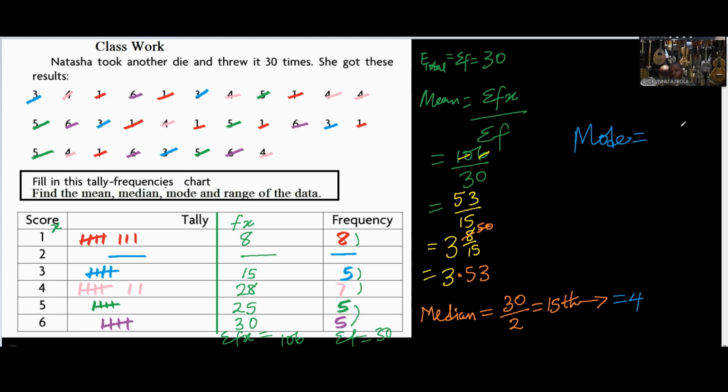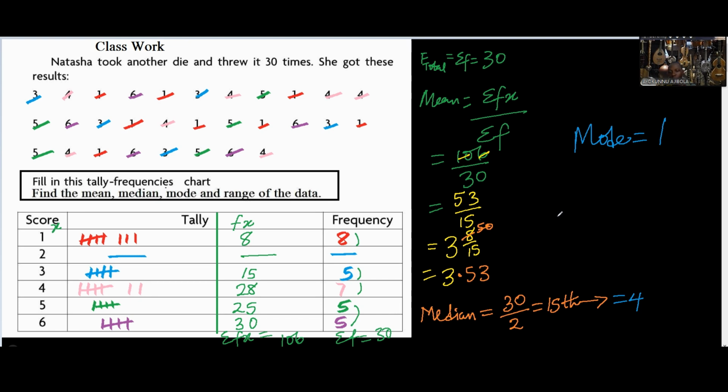And which one is the highest? No, which of these frequencies is the highest? Oh, 8. So what number does 8 represent? What score? 1. So the mode is 1.